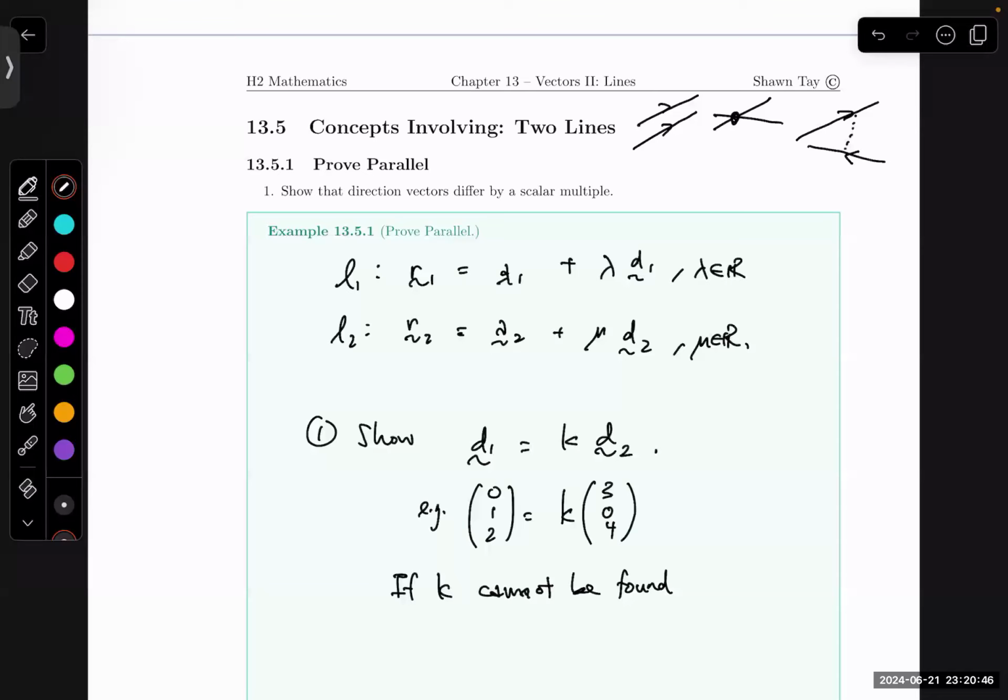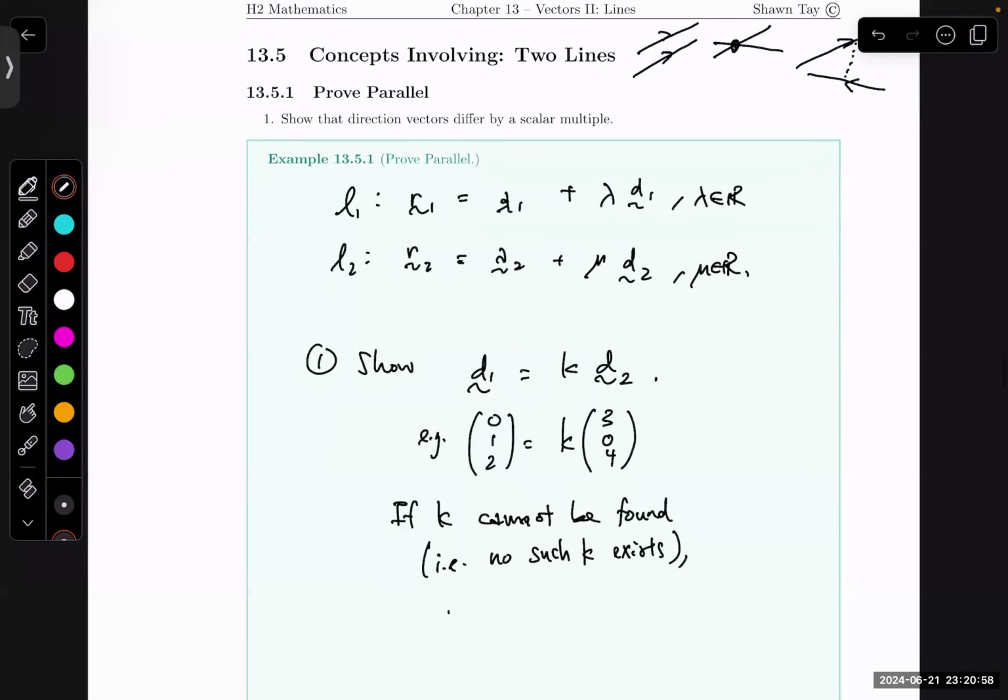There's no such k, i.e., no such k exists. Then L1 is not parallel to L2. If you can find such a k value, then they are parallel.